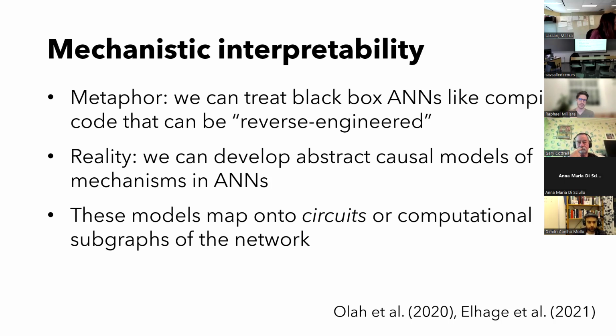And importantly, these models are supposed to map onto what is often referred to as circuits or computational subgraphs of the network. Now, that's also a little tricky because the different projects of mechanistic interpretability represent the computational graph of the network at different levels of granularity.